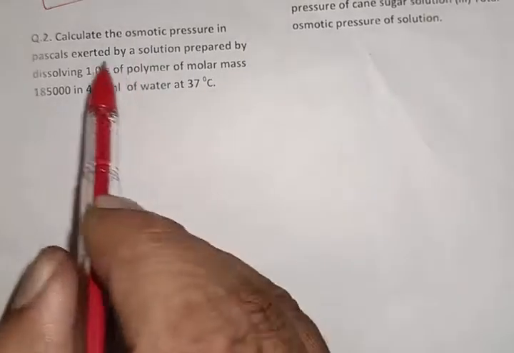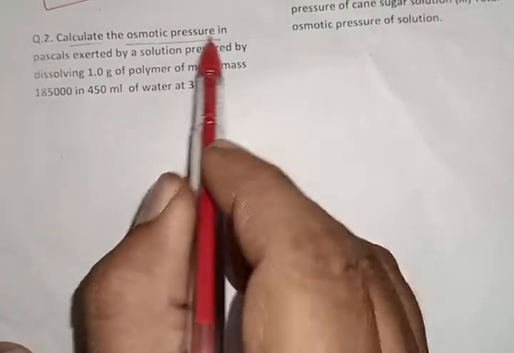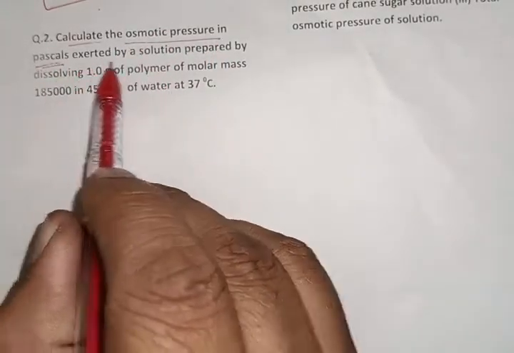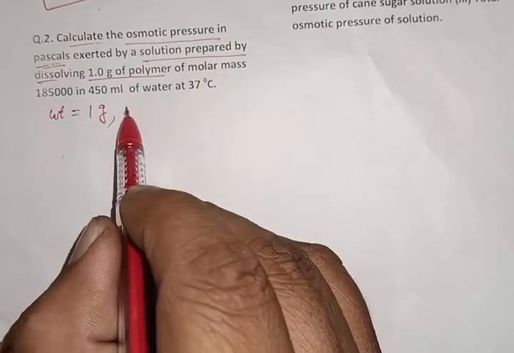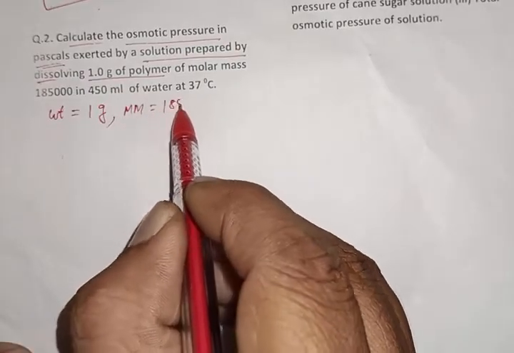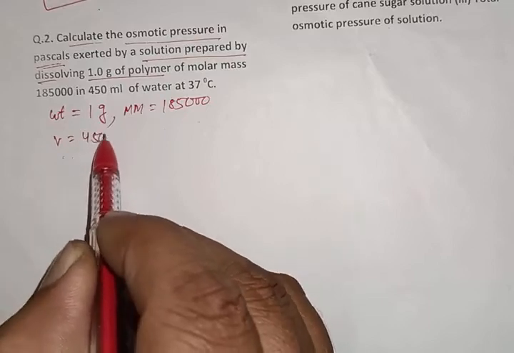In the next question, we have to calculate the osmotic pressure in Pascal exerted by a solution prepared by dissolving 1 gram of polymer. In this case, the weight of the polymer is 1 gram, the molecular mass of the polymer is given as 185,000, and the volume of the solution is 450 ml.